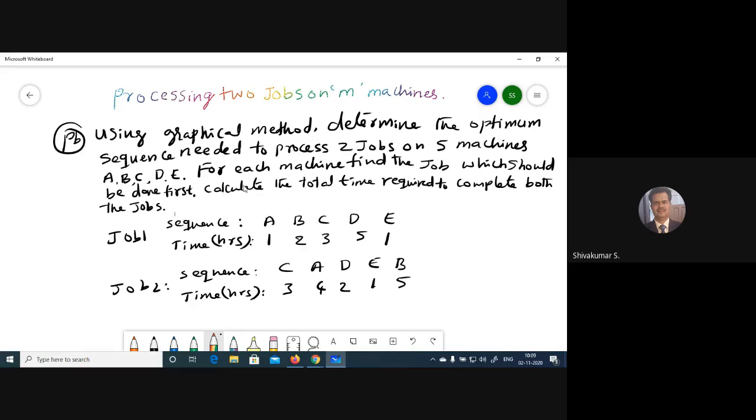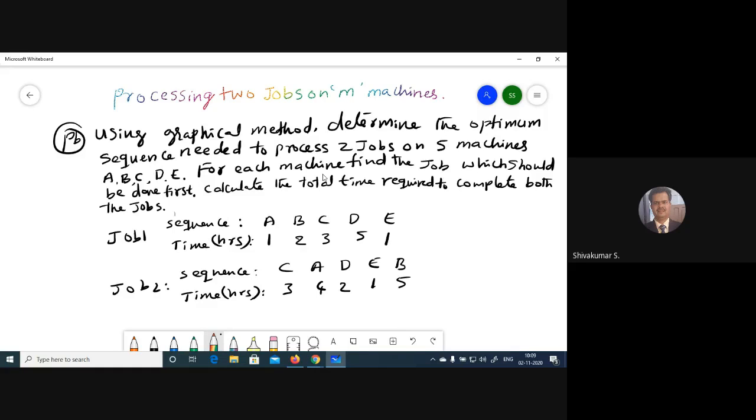Now, for each machine, find the job which should be done first. You have to find out which job is going to be processed on which machine, for example job 1 on A, job 2 on B, job 1 on C. Likewise, you have to find out the sequence.